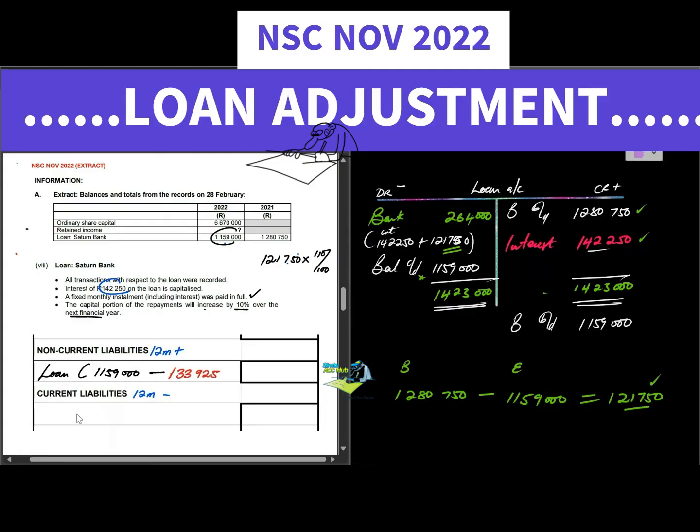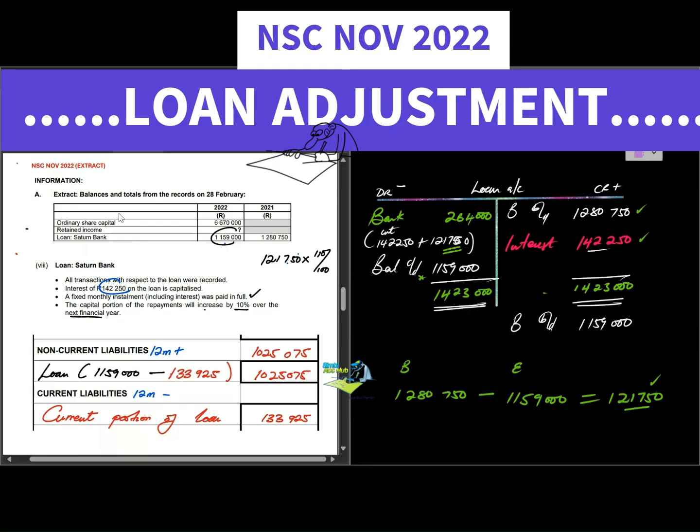And then I'll come down here and say current portion of loan, which is 133,925. That is my current portion of loan. So I can close that one up. It's now easy, and I'll end up with 1,025,075. That is what I will end up with.